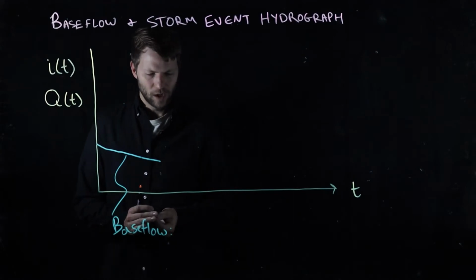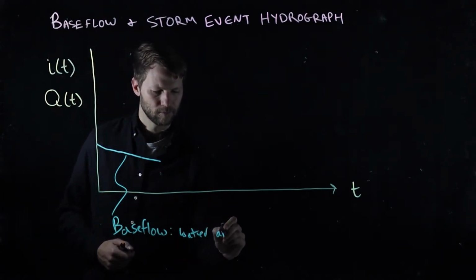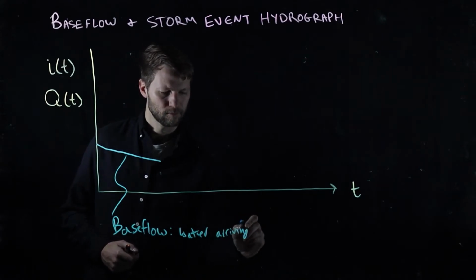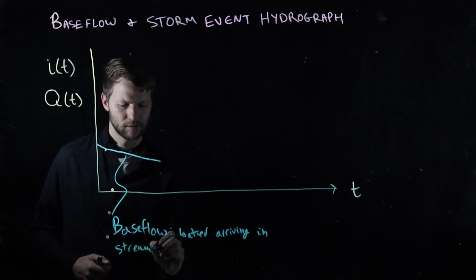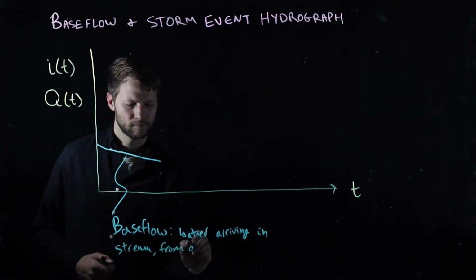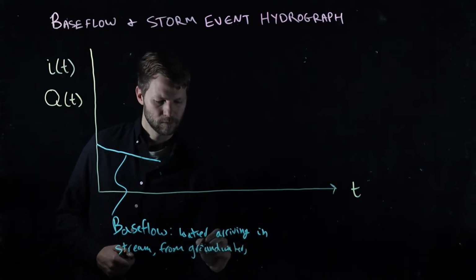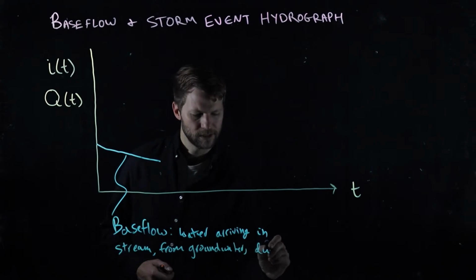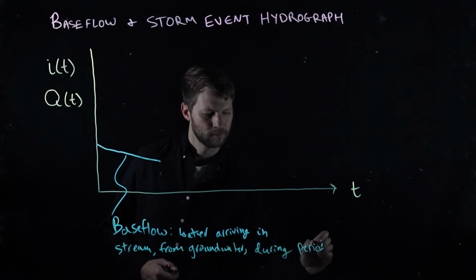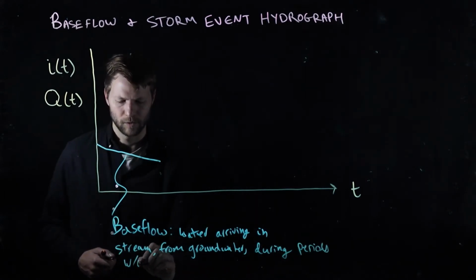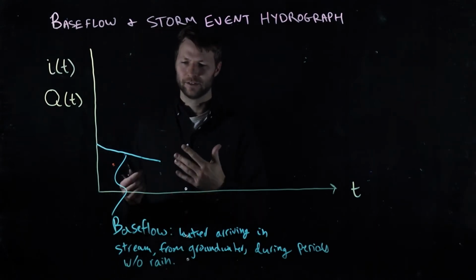And base flow is water arriving in the stream from groundwater during periods without rain. So this is sort of like the background flow.